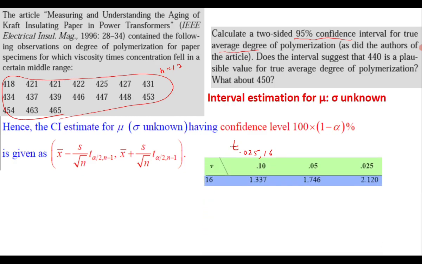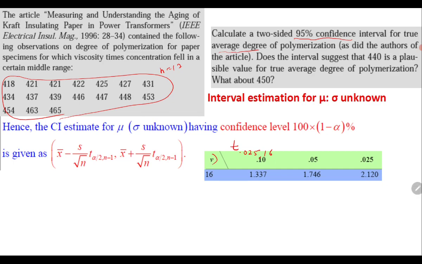In the table, there is mentioned v, which means the degree of freedom, and degree of freedom is n minus 1, which means that it is 16. For 16, you look for the value at 0.025. That's why t alpha by 2 comma n minus 1 here is 2.1.